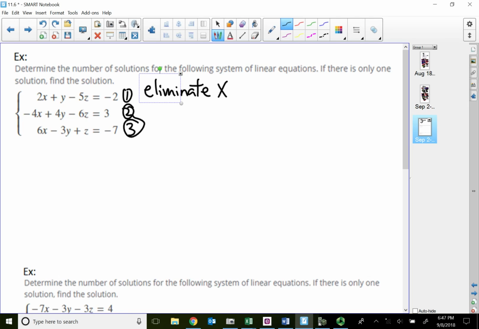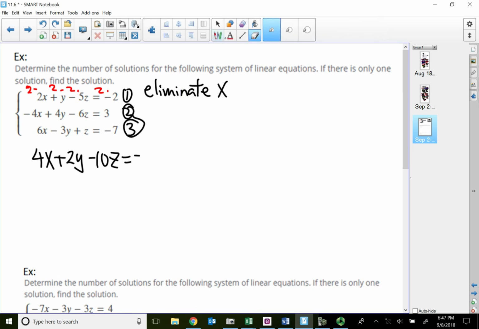All right, I'm going to pick the first 2 real quick. In order for the x to be the same, the first equation, got to times everything by 2. I'm going to quickly do it right here. So my first equation now will say 4x plus 2y minus 10z equal to negative 4. All right, second equation does not change.